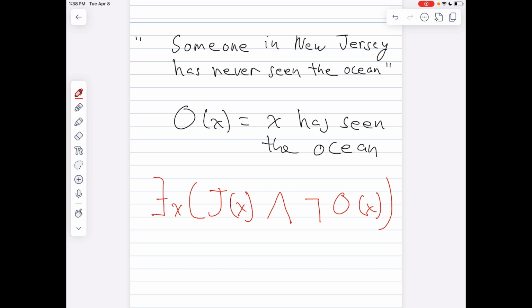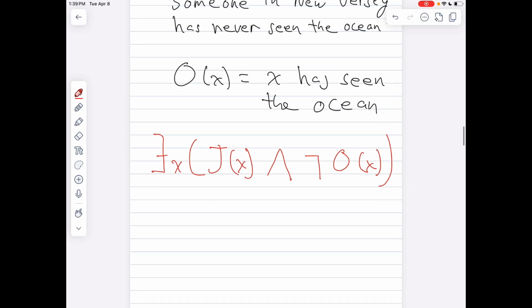So we're negating the statement O of x. For this statement to be true, it has to be both that the person lives in New Jersey and that they've never seen the ocean. That's why it's an and here.